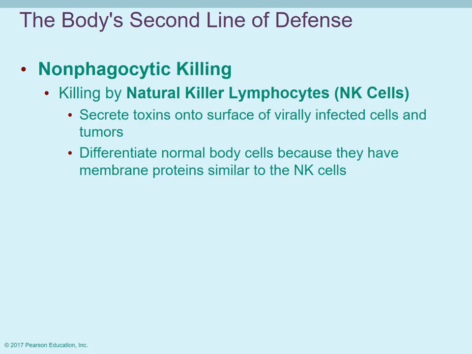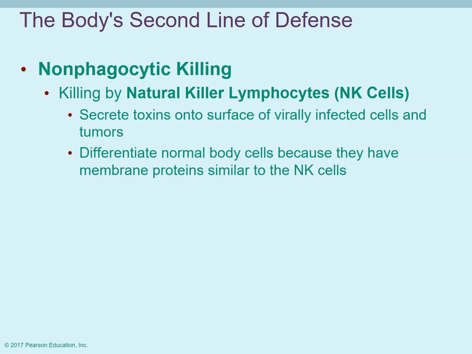We also have these NK cells, or natural killer cells. They tend to secrete toxins onto the surface of cells that have been infected with viruses. They can also recognize tumor cells. They are able to distinguish between normal body cells and abnormal body cells.